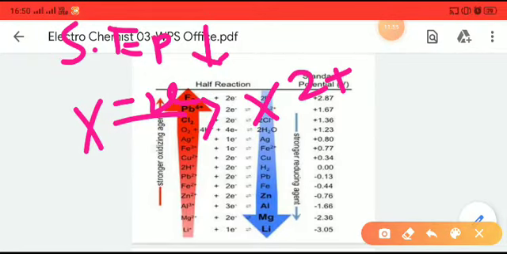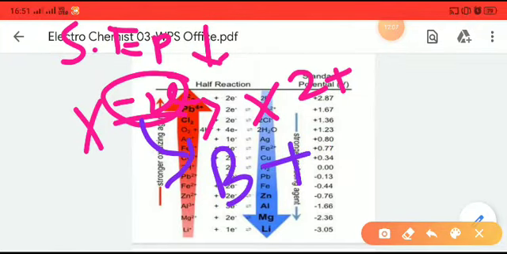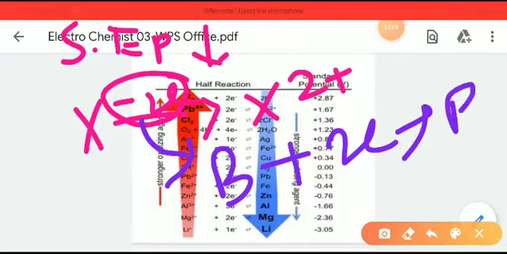Okay, suppose these two electrons are accepted by a B atom. So the B atom accepts these 2 electrons and becomes reduced. This X atom gives 2 electrons to the B atom.